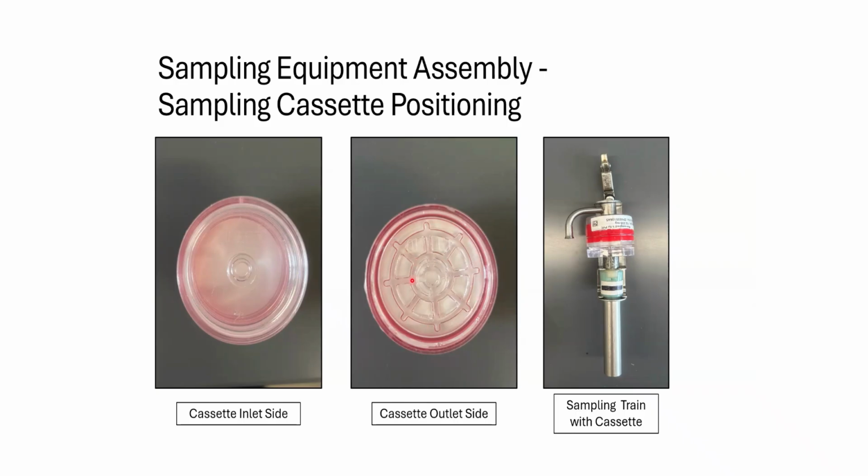And then you will want the inlet side facing down on top of the adapter, and the outlet will be at the top. The wagon-shaped outlet will be at the top. This is very critical for the correct sampling.